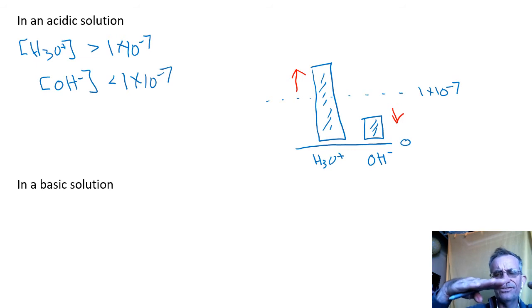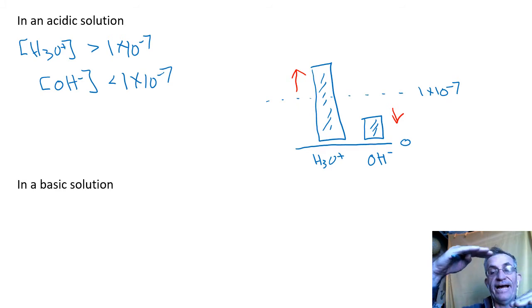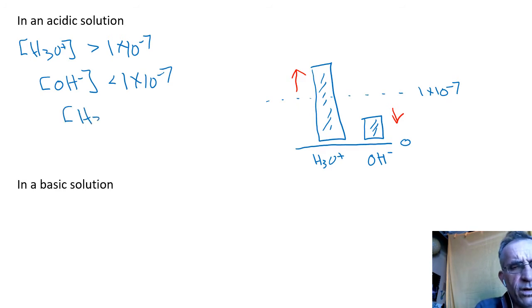When something's neutral, the amount of these ions is the same. Now they're out of balance. So which way are they out of balance? Well, hydronium will be more than hydroxide. The molarity of the hydronium will be more than the molarity of the hydroxide.